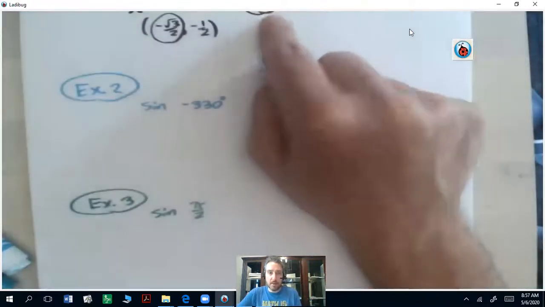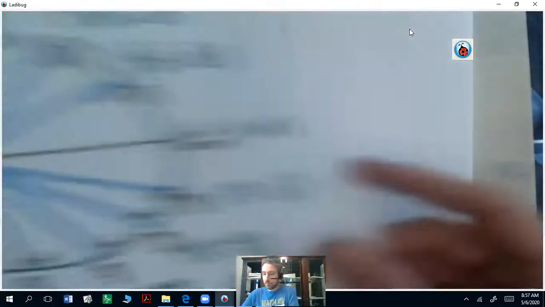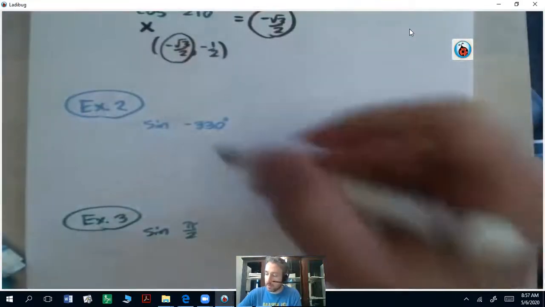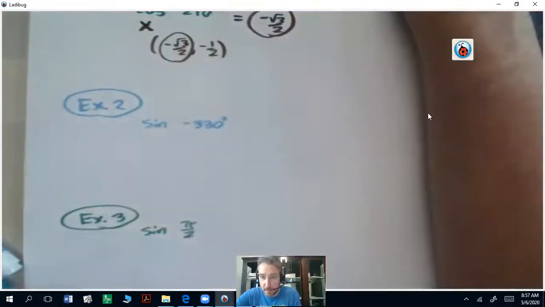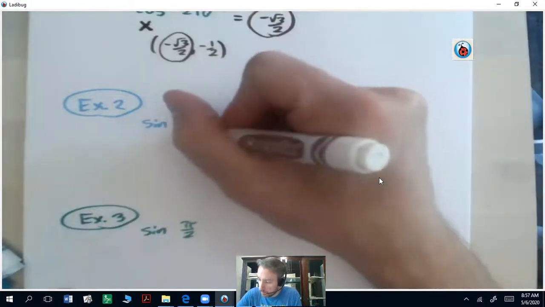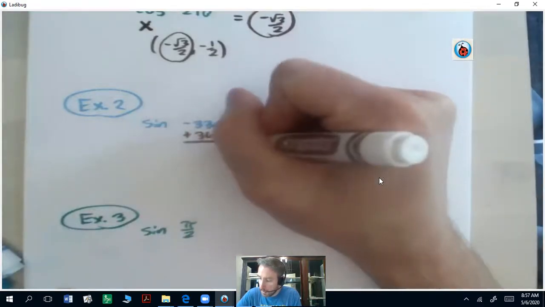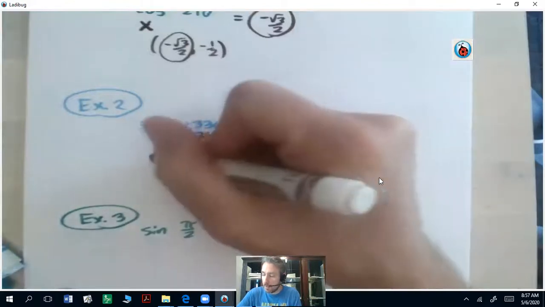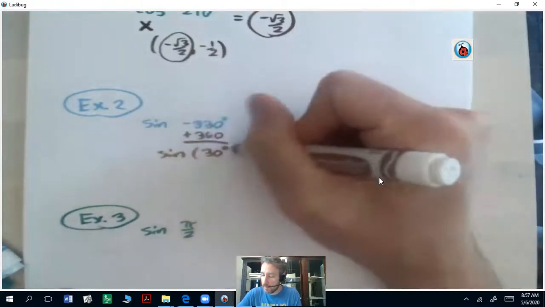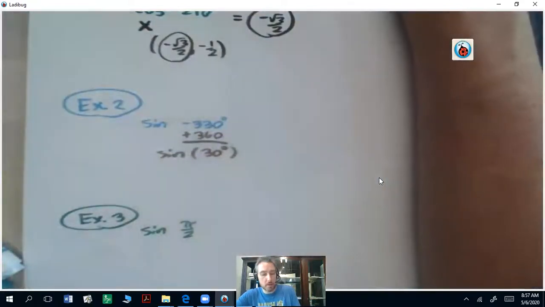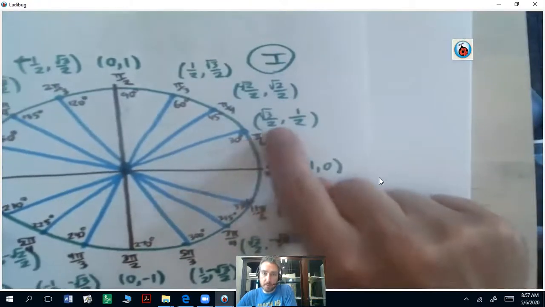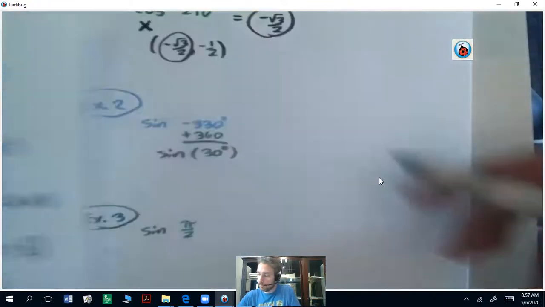Now let's look at the sine of negative 330. We don't have negative angles on here, so we do have to get a coterminal angle, which means we have to add 360 degrees to that number. Negative 330 plus 360 is 30 degrees. So I really want to find sine of 30 degrees. At 30 degrees, my coordinate is square root of 3 over 2, comma 1/2.